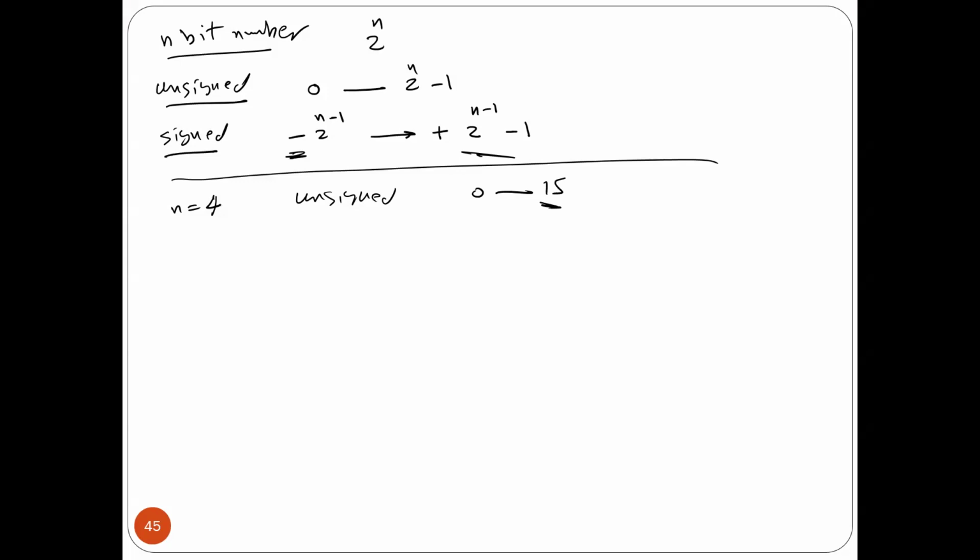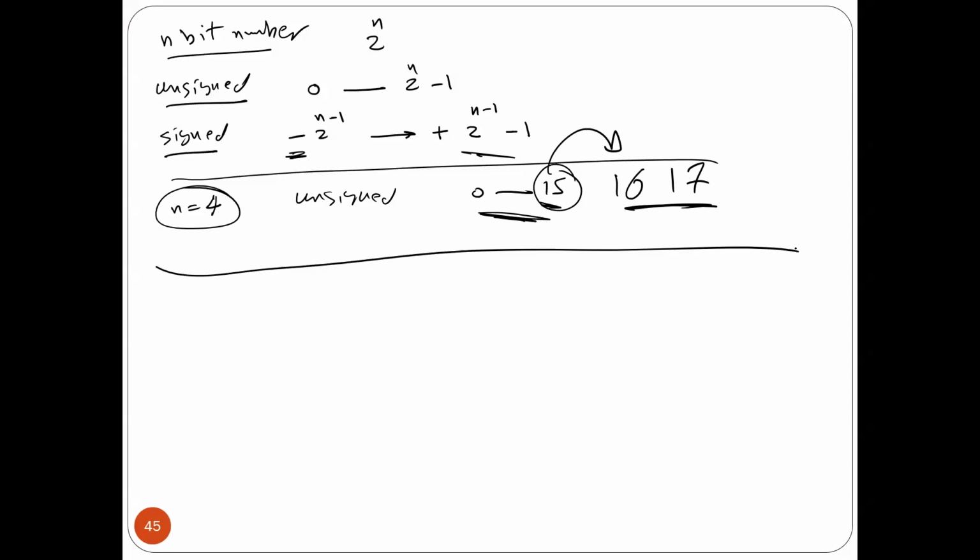So what is the biggest number I can store in n bits? Or represent, if you talk about a number in general. Anyway, the maximum is 15. If your number is between 0 and 15, 4 bits should be enough. However, if your number is greater than 15, if it is 16, 17, anything else, you need bigger space. 4 bits is not enough. You need something bigger than that.